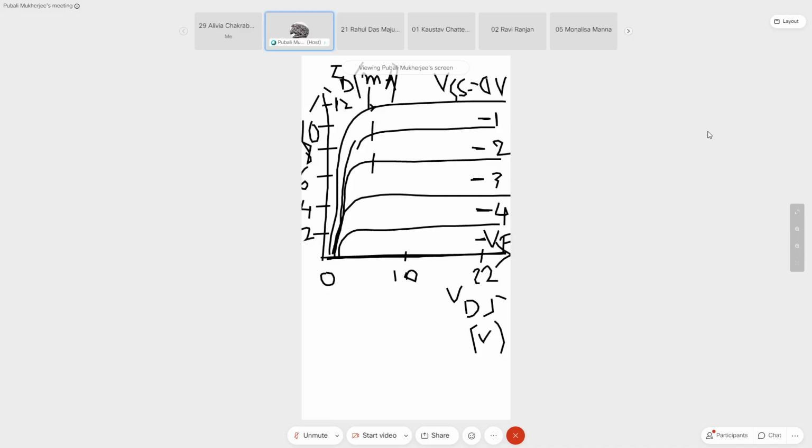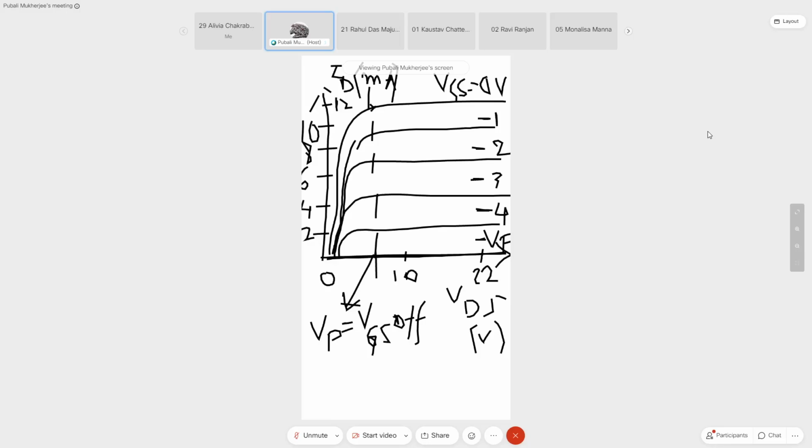If we drop down from that, this is nothing but your pinch off voltage, and that we called VGS off, because that is the last value of VGS that we can actually use for biasing the gate.